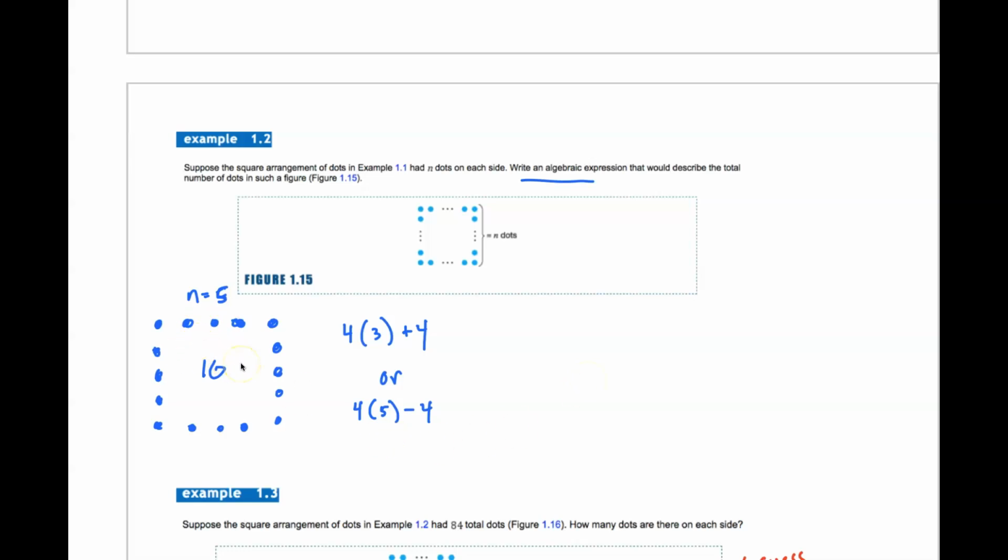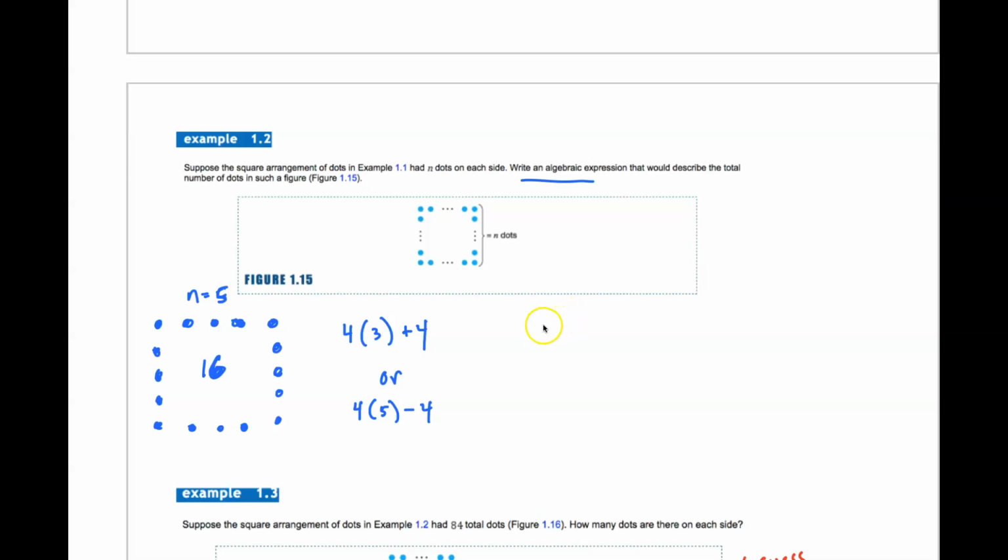As I look carefully here, we had the 16 there for that first example. So what would it look like? What are we developing here?